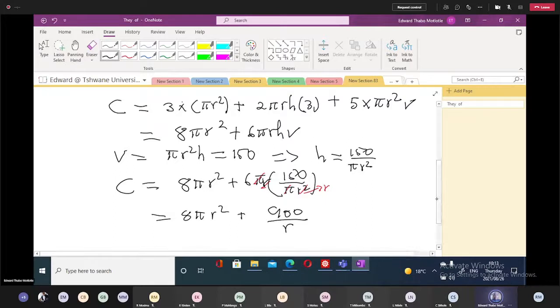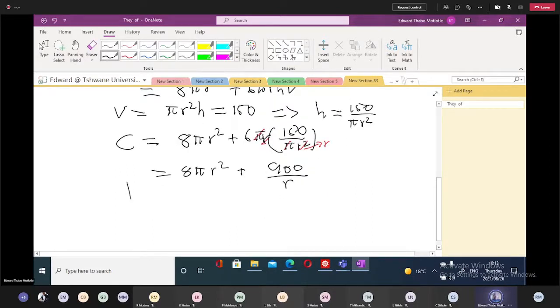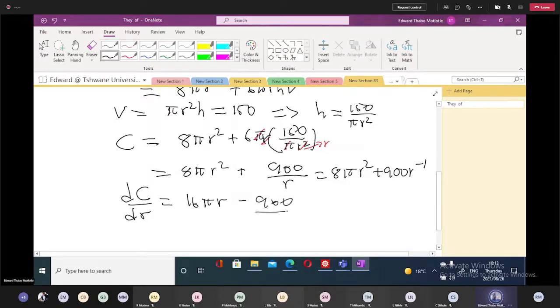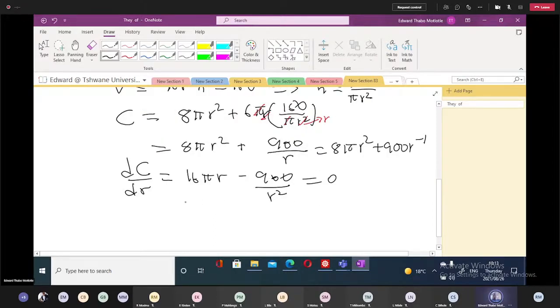Now you differentiate C with respect to r. So you have 16 pi r minus 900 over r squared, since C is equal to 8 pi r squared plus 900 r to the power minus 1. That's where I got the negative. Then we equate this to 0. By equating this to 0, we end up with 16 pi r cubed minus 900, all over r squared.